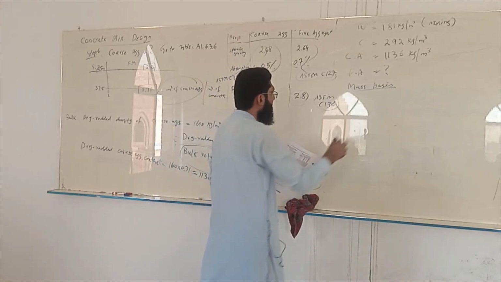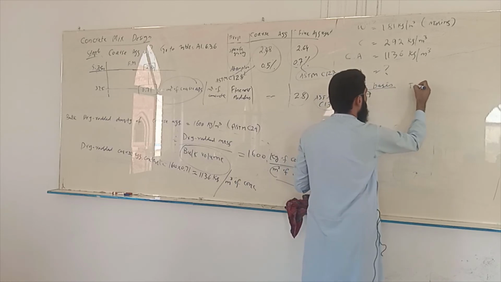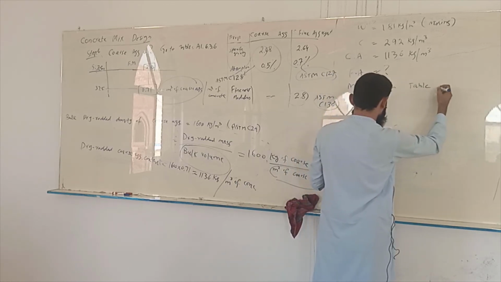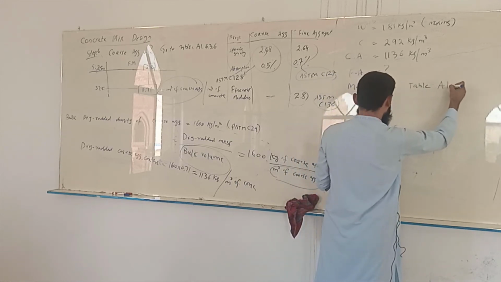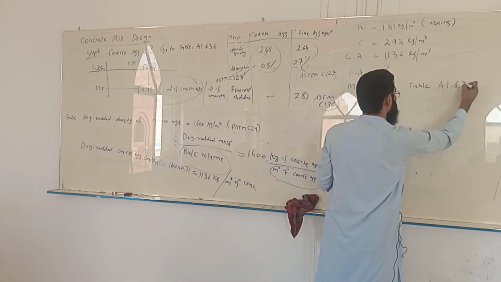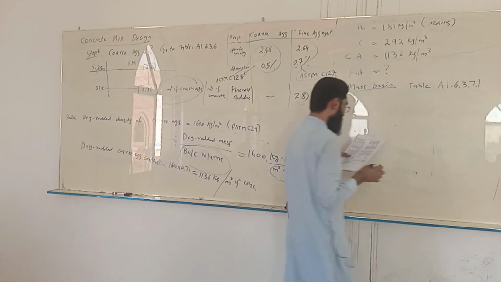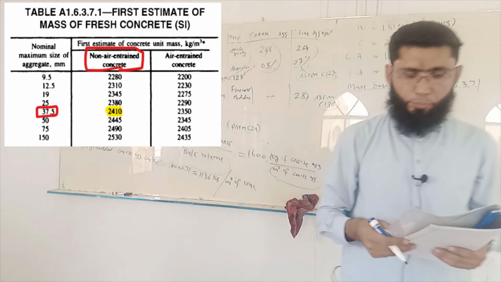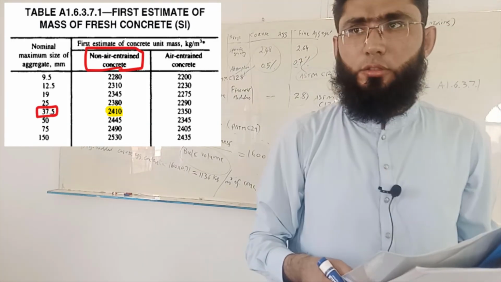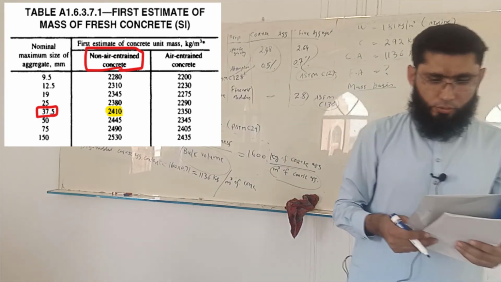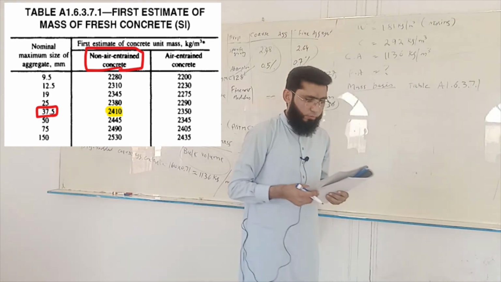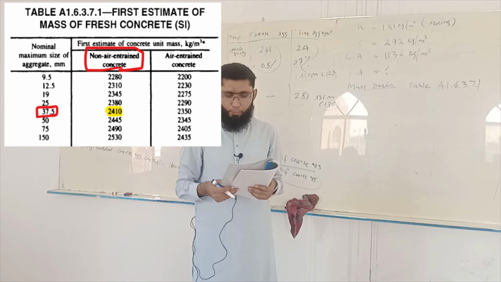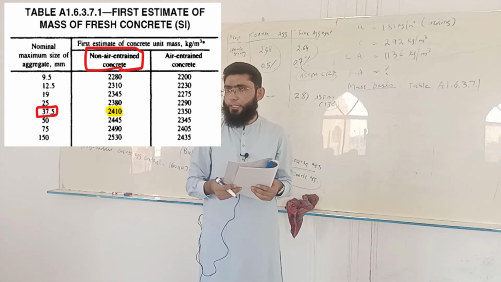Now this is a table, 1.6.3.7.1. It's on the same page as you are now, page number 23, extreme right, top right. It says, first estimate of mass of fresh concrete in SI units.